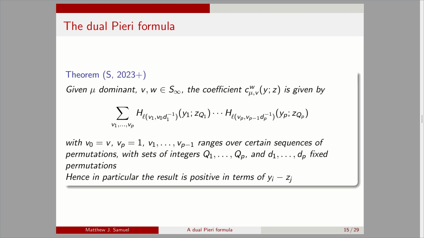So here is the dual Pieri formula, although I don't give all the details here. We'll get into that later.